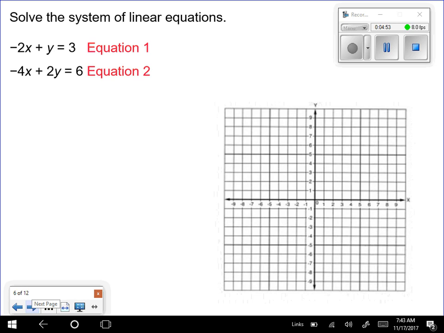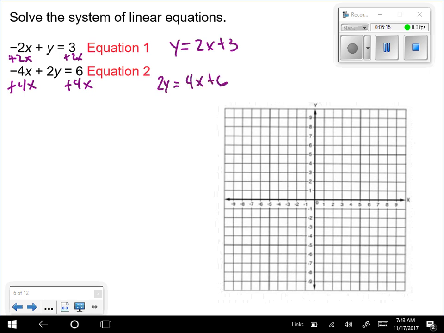All right, so now, again, we have to work on changing to slope-intercept form because we really do want to know our slope. So we're going to add 2x to both sides, and we practiced this in bell work today. So we get y equals 2x plus 3. And for this one, we're going to add 4x to both sides, so we get 2y equals 4x plus 6.